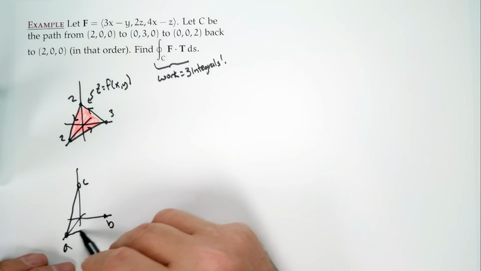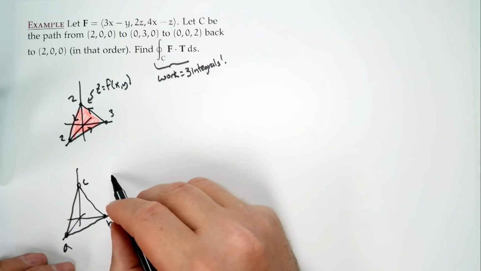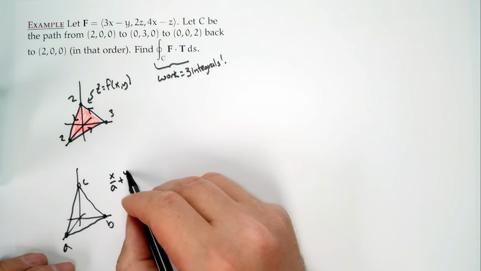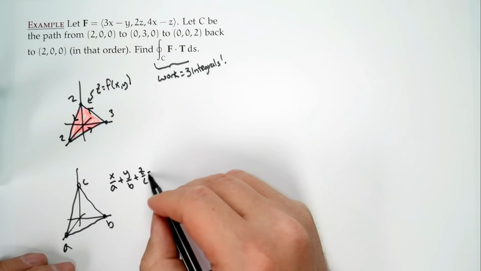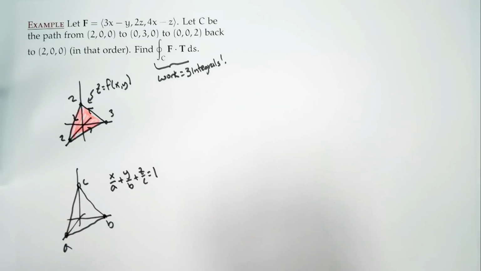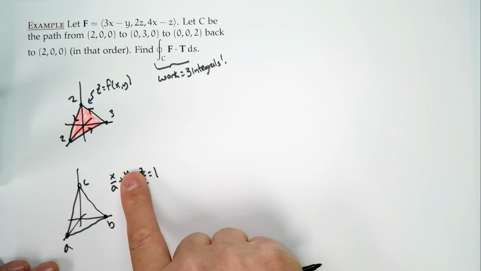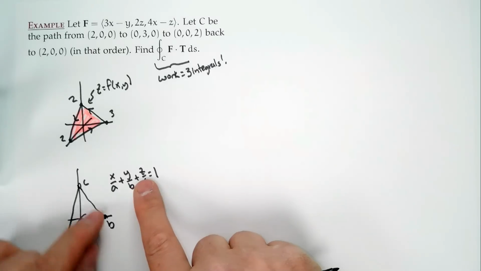If my intersections are A, B, and C, my formula is x over A plus y over B plus z over C equals 1. And we can check. Why? Well, suppose y and z are 0. You're on the x-axis. Where do you intersect? Well, when x over A equals 1, so at x equals A. Boom, done.